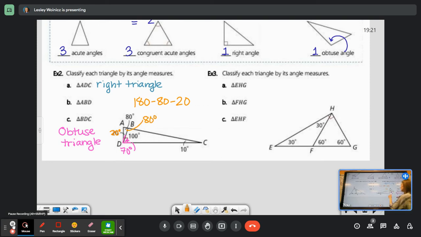Okay, so 20, 80, and 80, those are all acute. So triangle ABD is an acute triangle. That's probably going to happen a lot until I get used to saying triangle instead of angle.